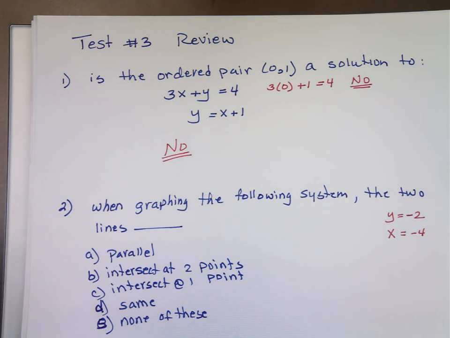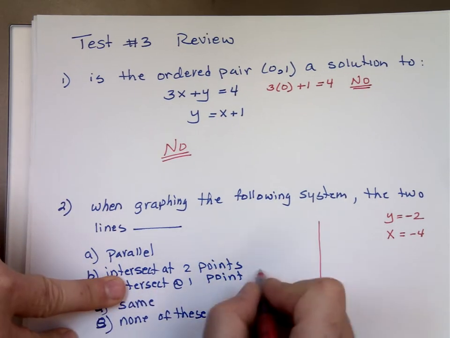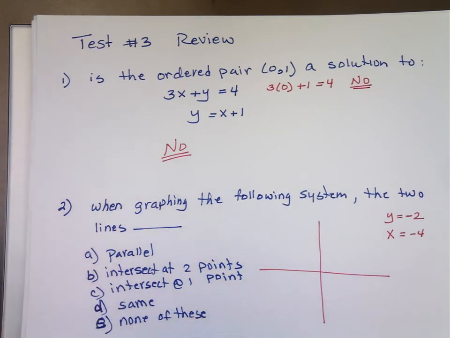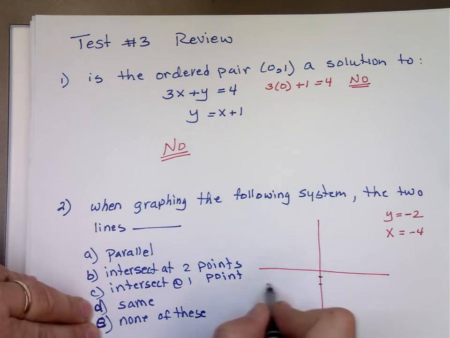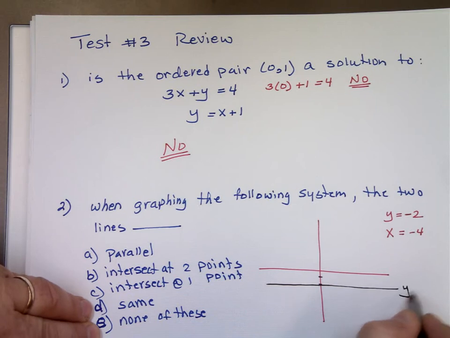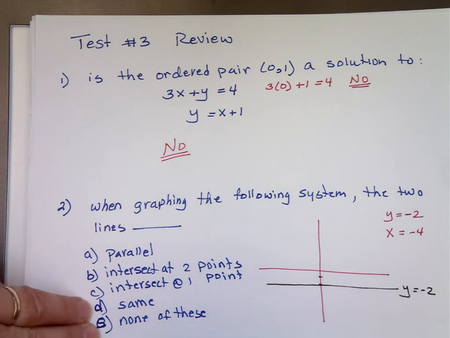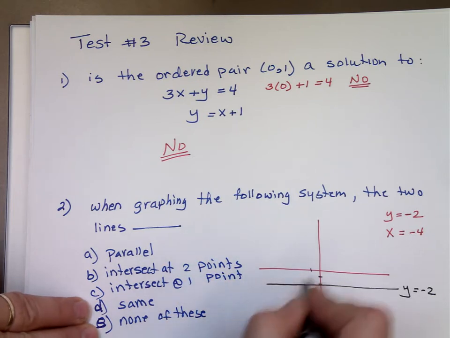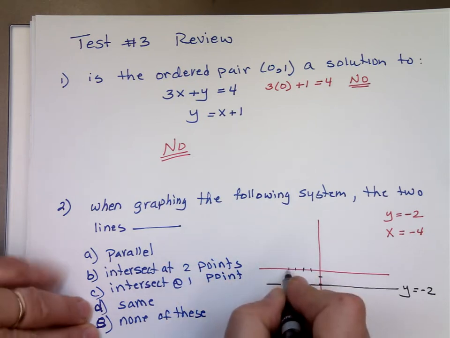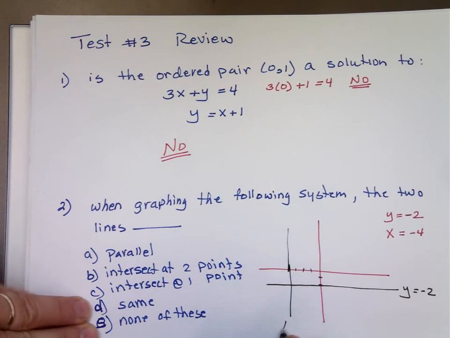Now, if you graph these two, what does y equals -2 look like? This is y equals -2. What is x equals -4? This is x equals -4.